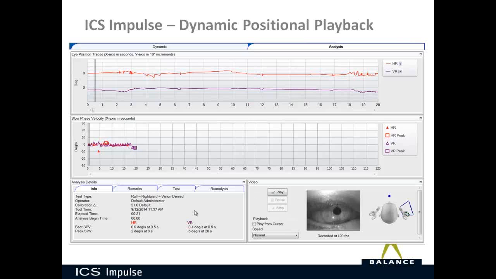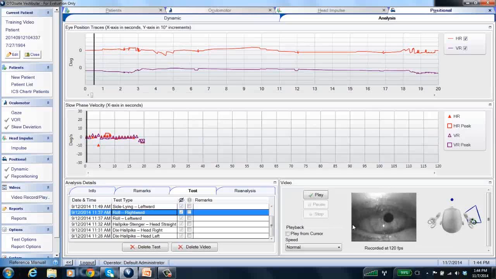Now let's talk about playback, and let's actually go to this patient file and play this back. Okay, so here you see that we're in a roll rightward test, and we hit play. It's going to play the trace, the SPV graph, the eye, and the head movement all together. And we're going to play this at normal speed.